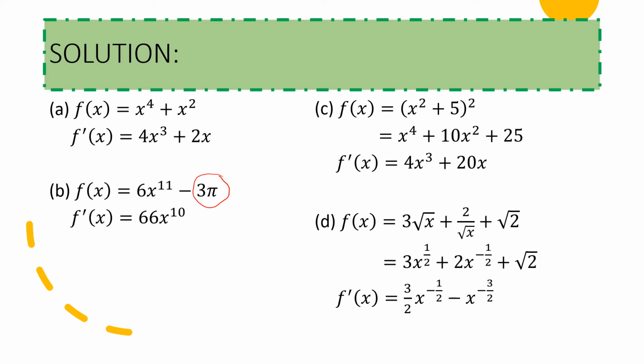So f prime x equals 3 over 2 x to the power of negative 1 over 2 minus x to the power of negative 3 over 2. So remember, for the final answer, make sure you change its form. Okay, it becomes 3 over 2√x minus 1 over x to the power of 3 over 2.